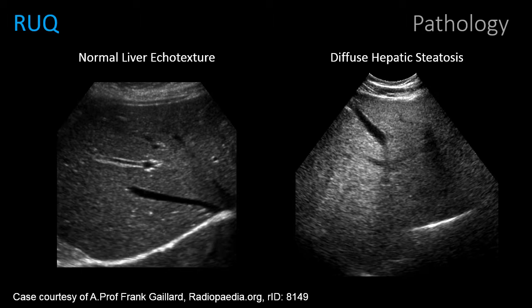And then on the right, we have diffuse hepatic steatosis, basically fatty liver. Fat is more echogenic, its echogenicity is more similar to the fibrous surroundings of blood vessels. And so you don't see such a contrast anymore between the blood vessel and the parenchyma of the liver, this fatty parenchyma of the liver.